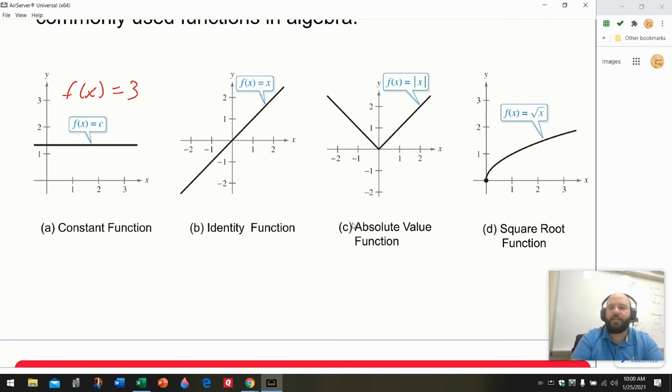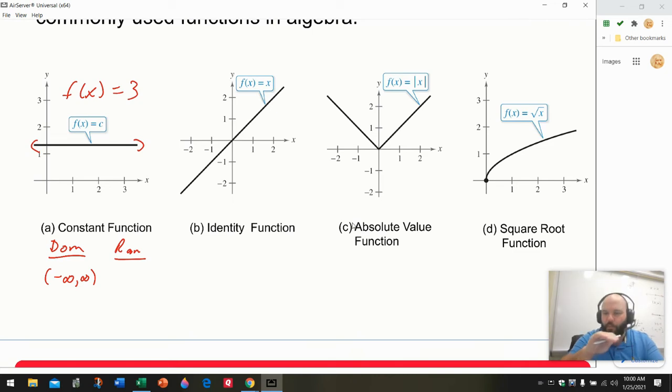For that constant function, I want to talk about the domain and range also. The domain of that function, remember, is how far left and right this goes. Because that function goes to the left and to the right forever, the domain is going to be negative infinity to positive infinity. Now, the range of that function is how far up and down that function goes. This one's a little bit tricky because it really doesn't go up or down.